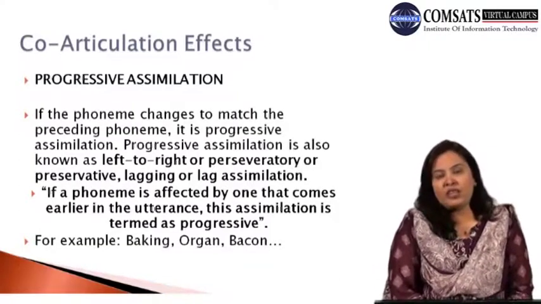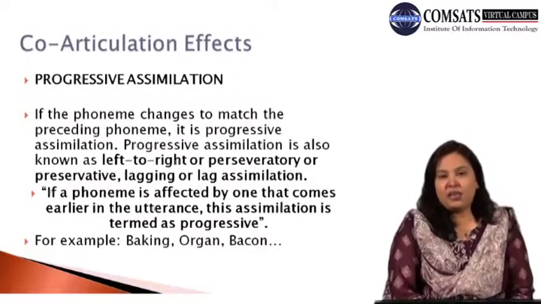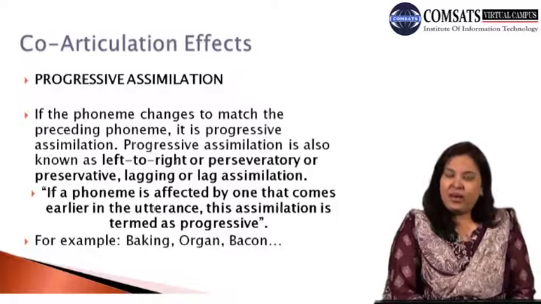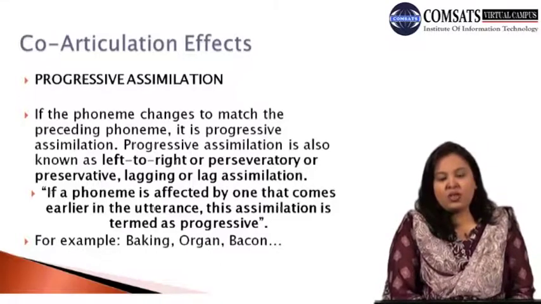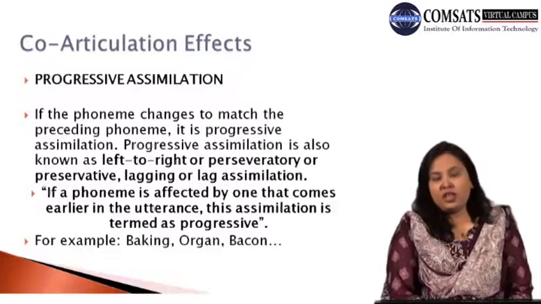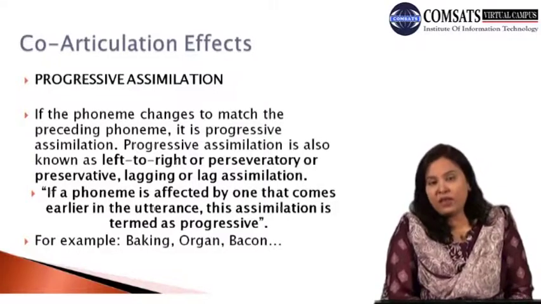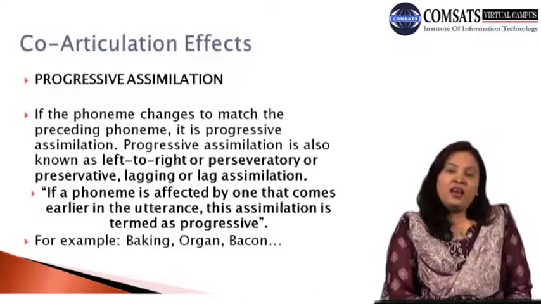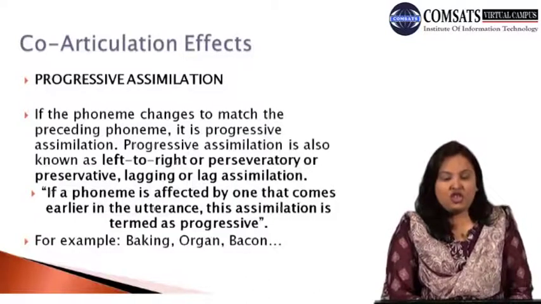The next type of assimilation is regressive assimilation. Progressive follows the preceding one and regressive follows the following phoneme. So if the phoneme changes to match the following phoneme, the phoneme next to it, it is known as regressive assimilation.